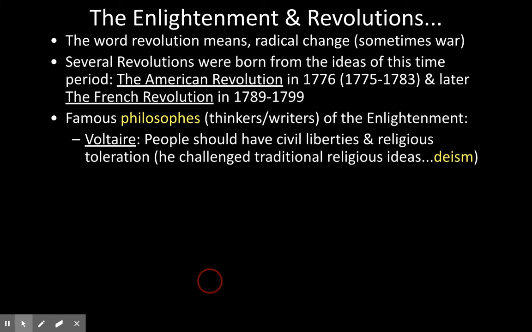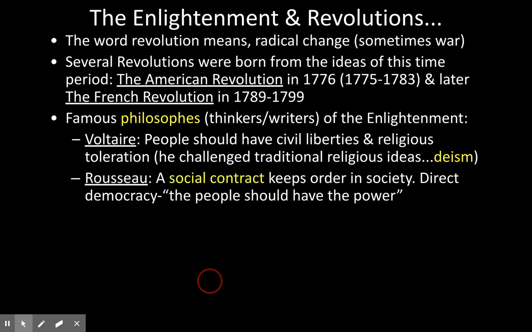Like, everybody believes in God, or at least culturally they had to, or they could get themselves into trouble with the church. But this is kind of a movement towards atheists, where they still believe in a supreme being that maybe created the universe, but maybe doesn't get involved in the lives of regular people. And that's deism. And a lot of the philosophers were deists. They weren't necessarily straight out atheists, but they were heading in that direction.